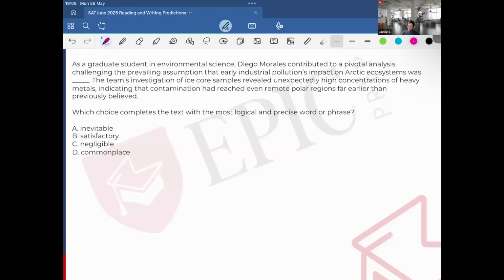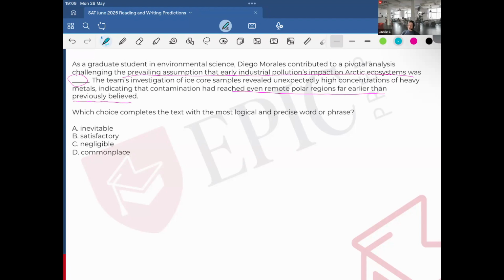Okay, this is interesting because it challenged the prevailing assumption about what the impact was. And what was that impact? The team's investigation showed that it reached even more remote polar regions far earlier than previously believed. So it seems like in the past they were like, oh, it's not so bad, doesn't matter.